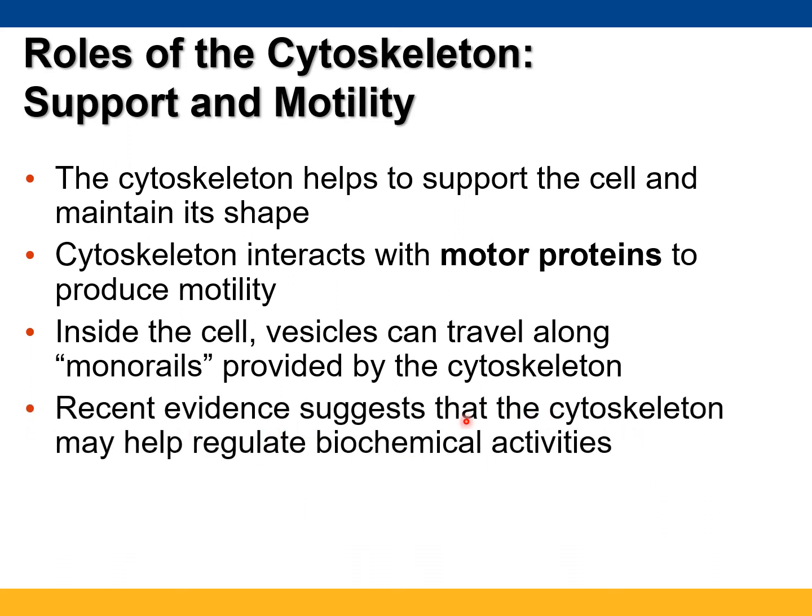And that the cytoskeleton may also be involved in signaling. And like I said, that three-dimensional regulation, it means that you can bring things together that will react, or you can keep things apart that will react. There's a lot of new evidence coming along as our techniques have become better and better at isolating cytoskeleton and what's hooked up to it.